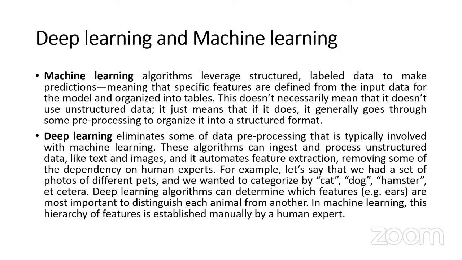These algorithms can ingest and process unstructured data like text and images, and it automates feature extraction, removing some of the dependencies on human experts. In case of deep learning, some algorithms need highly pre-processed data.